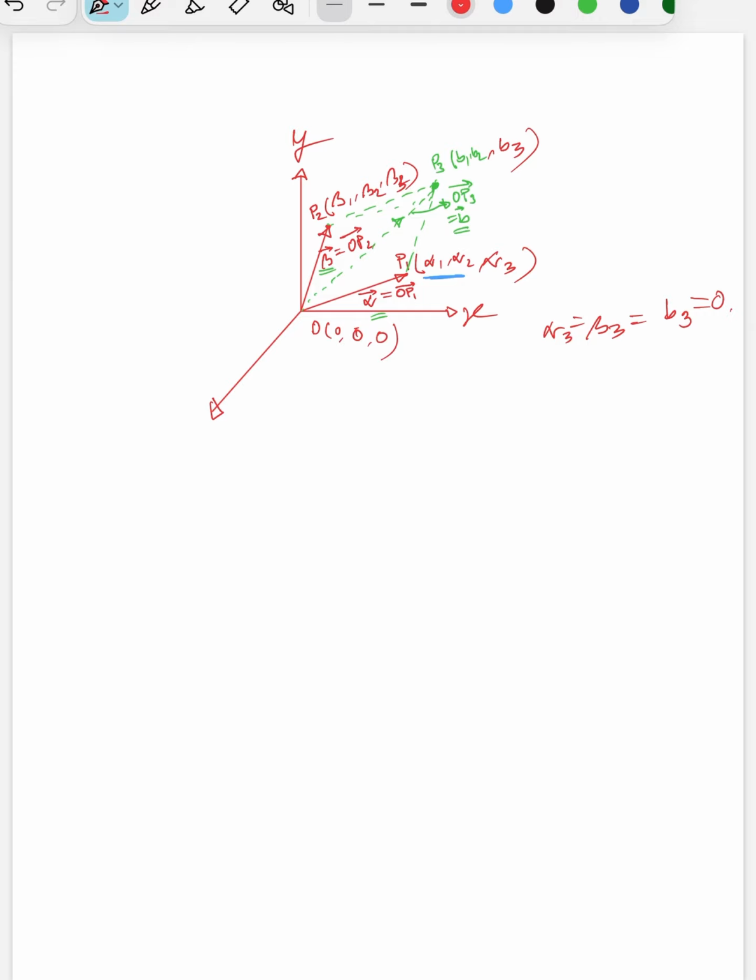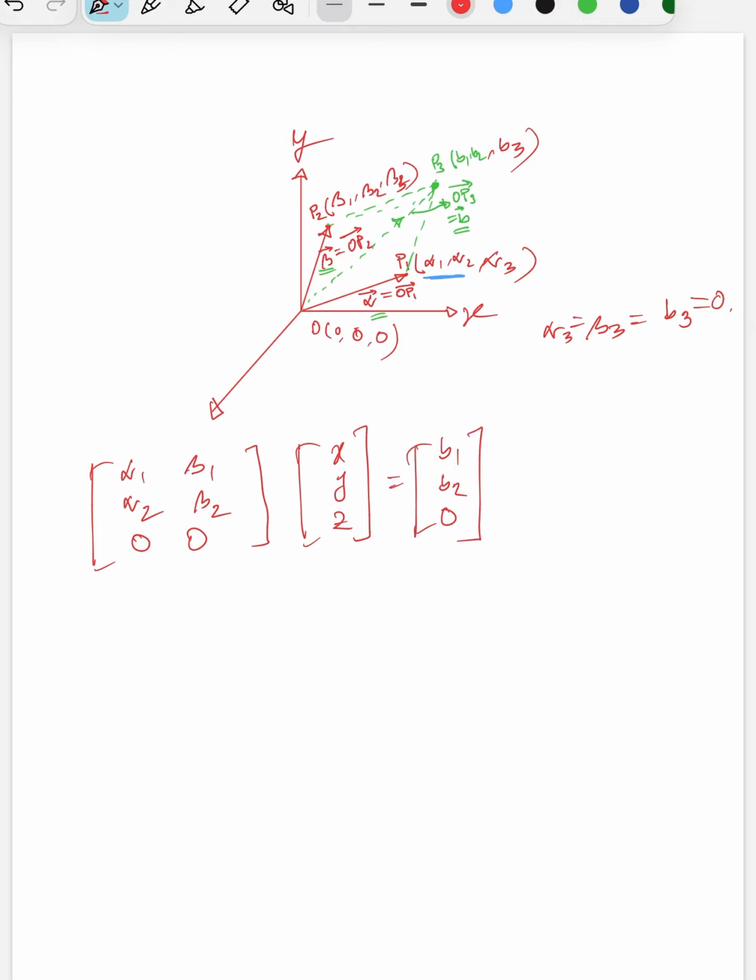So the same vector, if we write alpha 1, alpha 2, beta 1, beta 2, X, Y, Z, 0, 0, and B1, B2, B3, with B3 going to be 0, and this is also going to be 0.